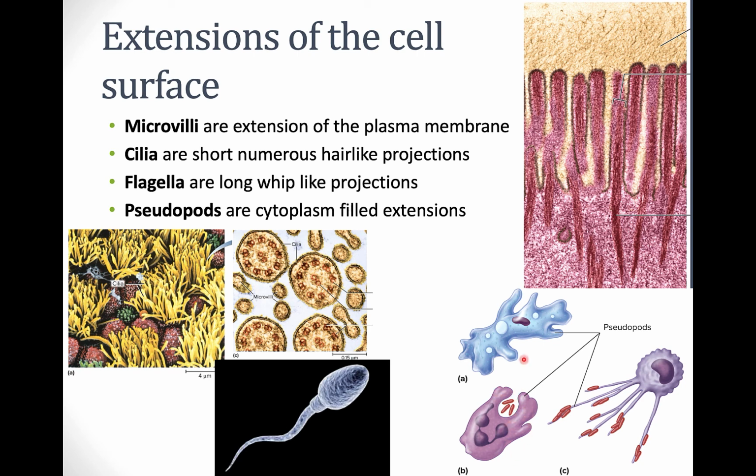We have cells that go throughout our body called white blood cells, and they actually eat other invading organelles, right? Or other invading cells. So here's a white blood cell, and it's eating these bacteria cells. It does this with its pseudopods. It surrounds them, and then it closes off, and then it brings it into its body.